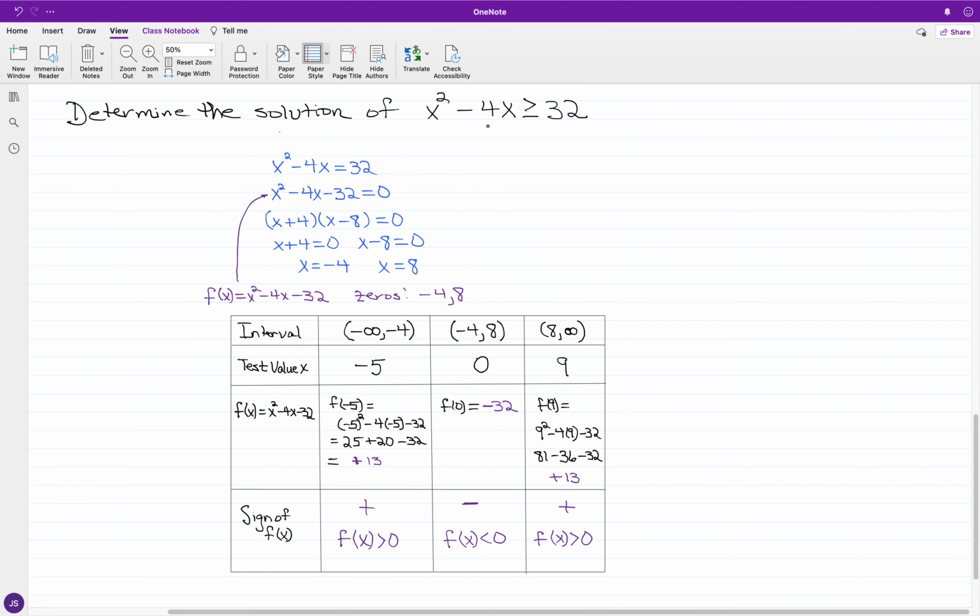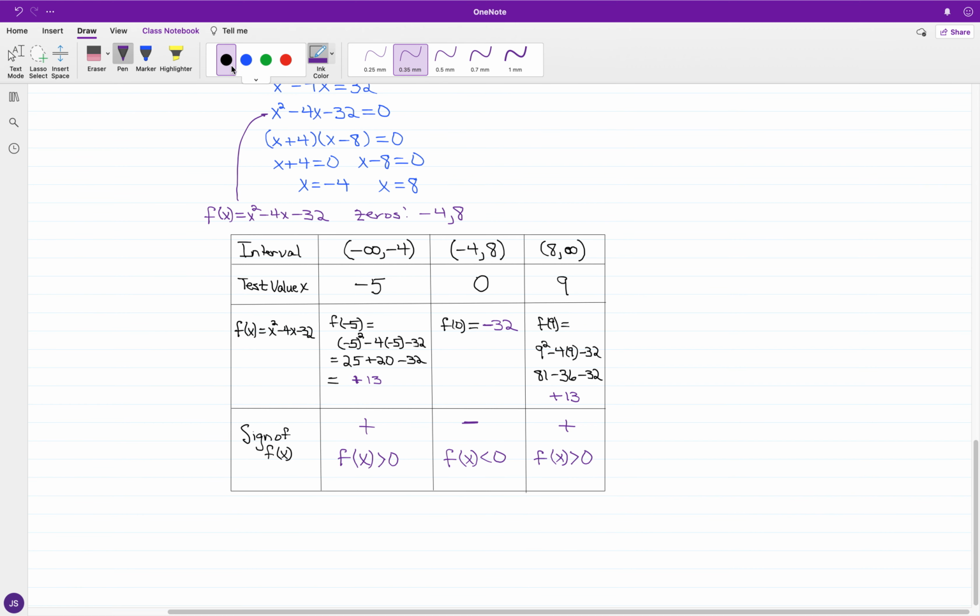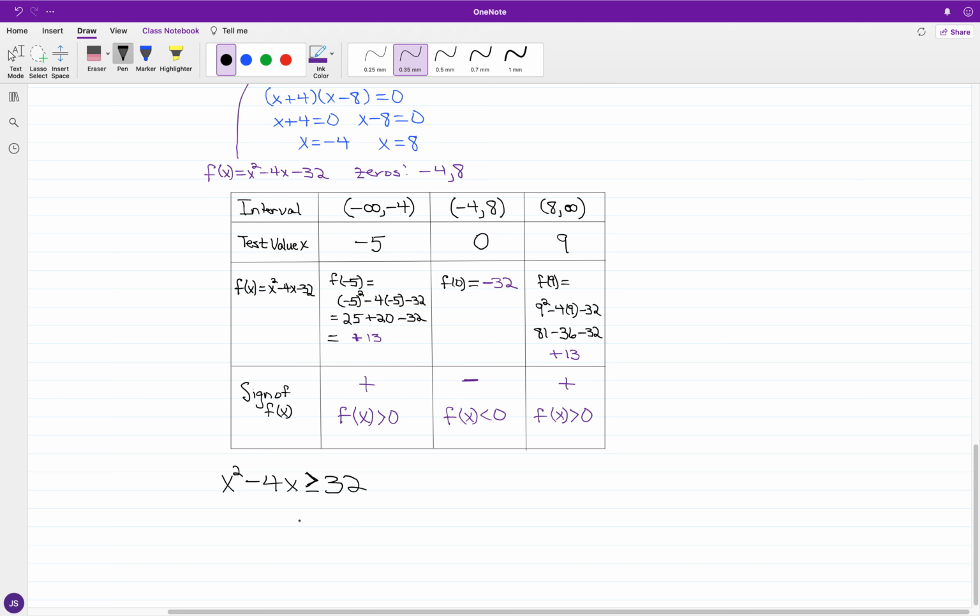So just packaging everything in, we have x squared minus 4x is greater than or equal to 32. And again, just translating this out as a comparison to zero inequality, I would have x squared minus 4x minus 32 is greater than or equal to 0.